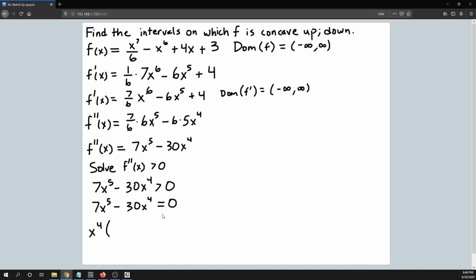So when I do that, I get an x to the 4th, and so that would leave me with 7x minus 30 equals 0. And then I would set each of those factors equal to 0 and solve those out.